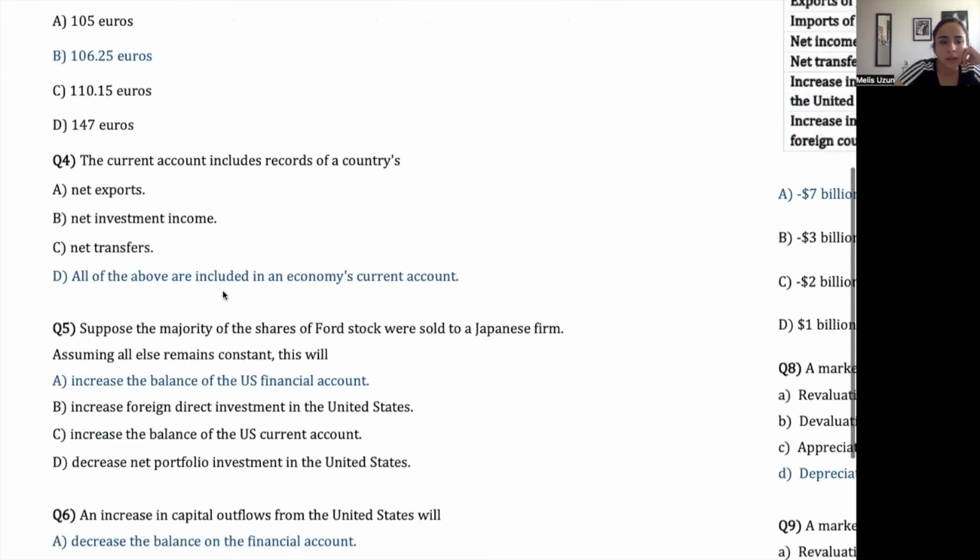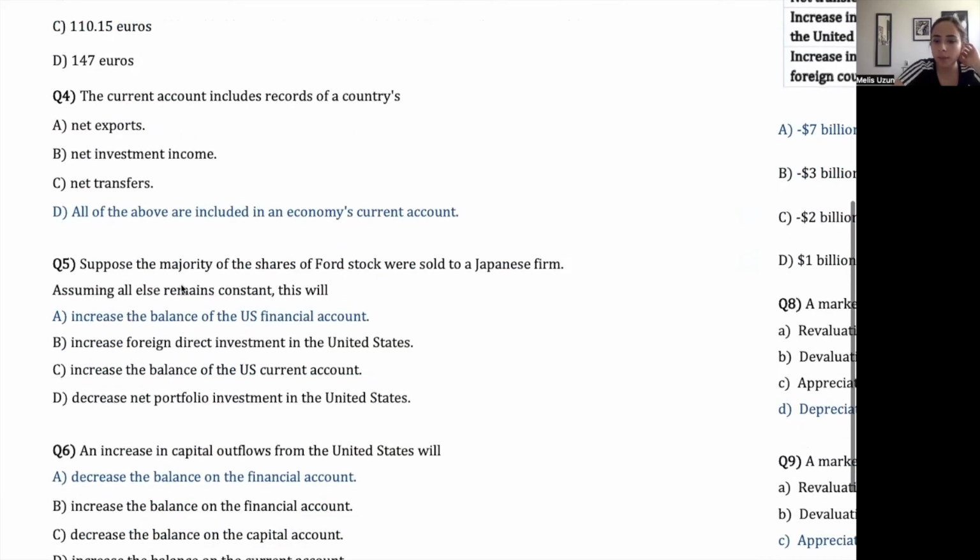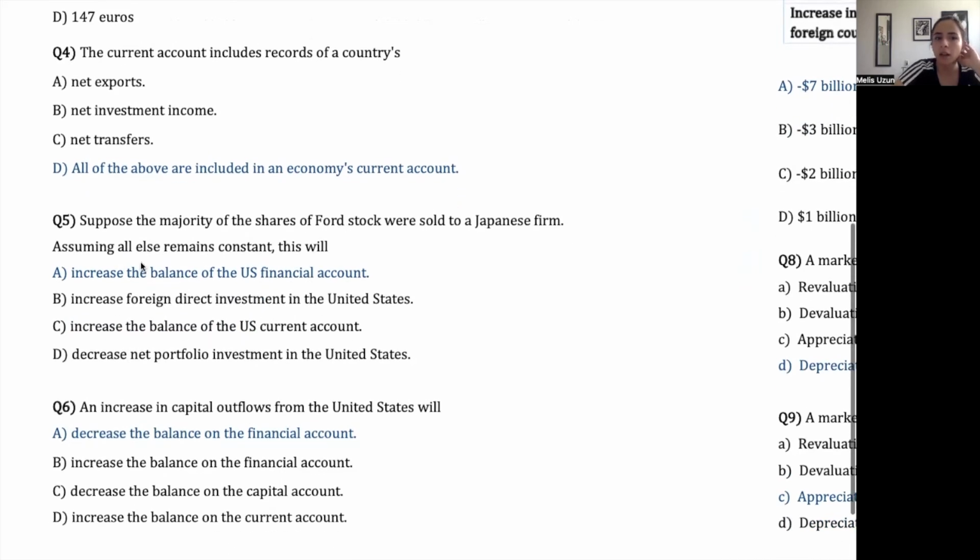Well, let's continue. Suppose the majority of the shares of Ford stock were sold to a Japanese firm. Assuming all else remains constant, this will... The majority of the shares of Ford stock were sold to Japanese firms. So you get a payment from a Japanese firm to the USA.